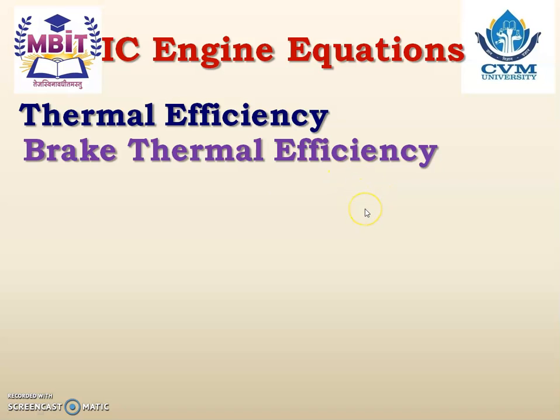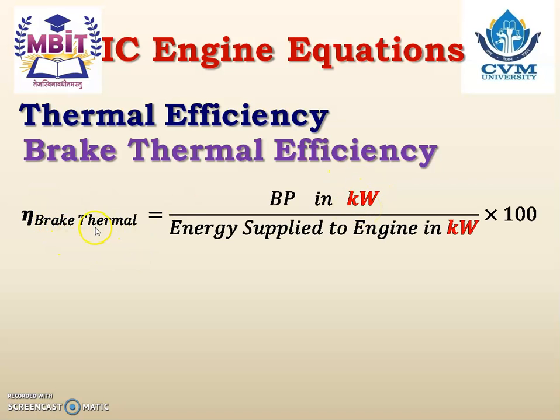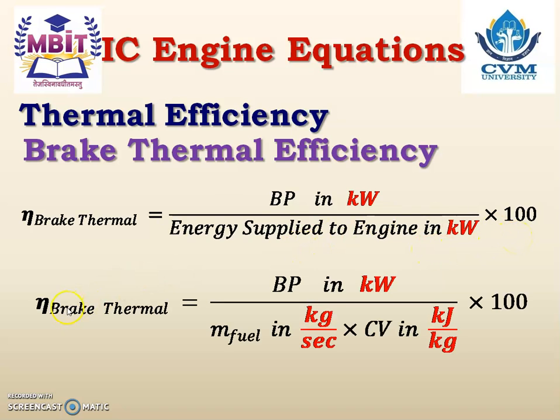Brake thermal efficiency is equals to brake power in kilowatt divided by energy supplied to engine in kilowatt multiplied by 100. And therefore, brake thermal efficiency is equals to brake power in kilowatt divided by mass of fuel in kilogram per second multiplied by calorific value of fuel in kilojoule per kg multiplied by 100.